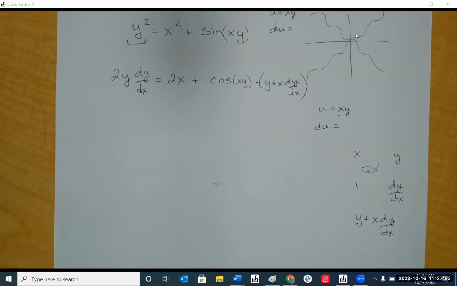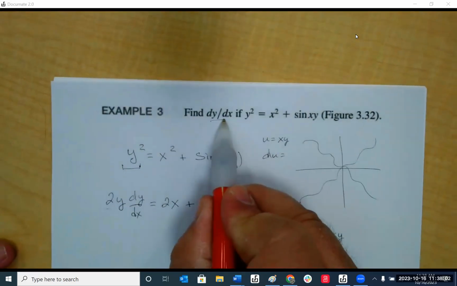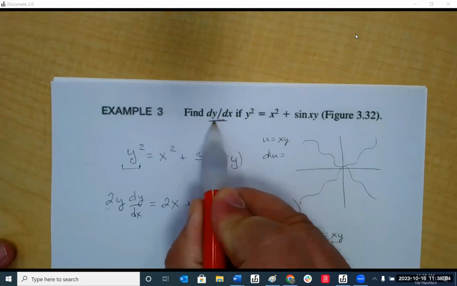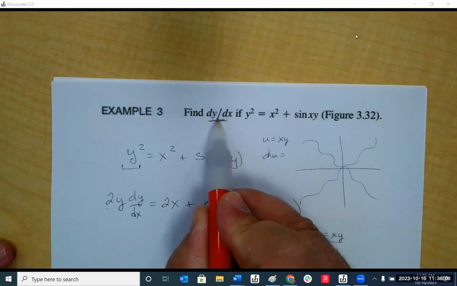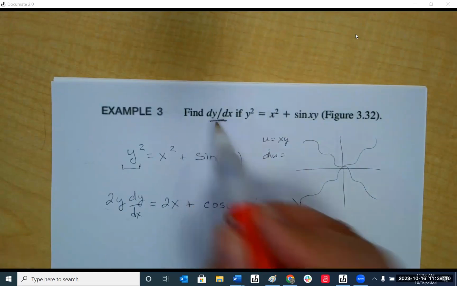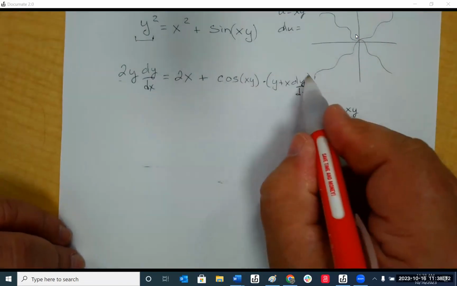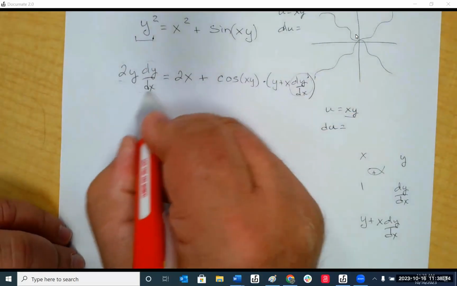Okay, so now what are we solving for? We're looking for dy dx. So we have to get this dy dx and this dy dx together.